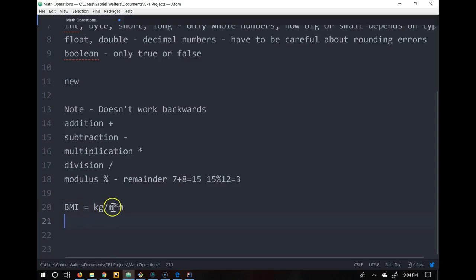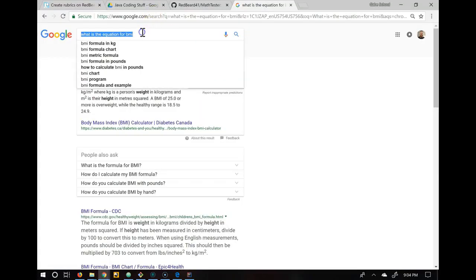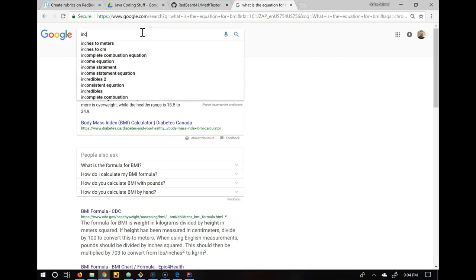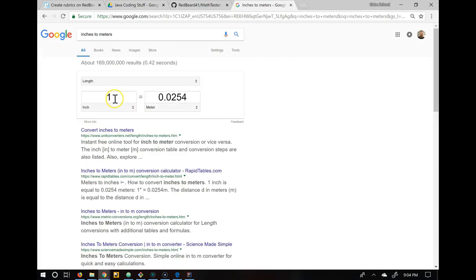You can't just automatically convert it. So you would have to find out what is, let's say, inches to meters. Okay, so if we get inches to meters, then we could find out what that is.